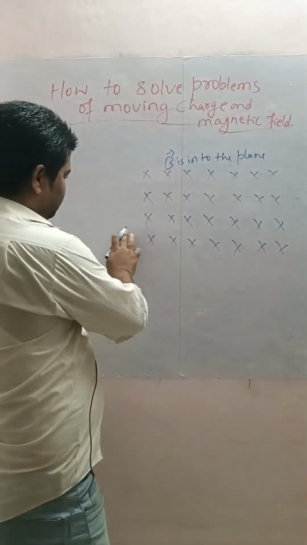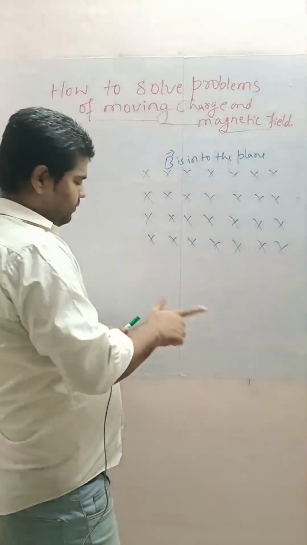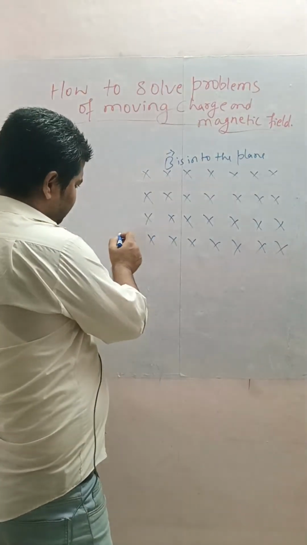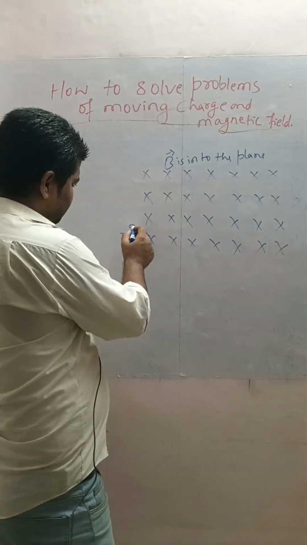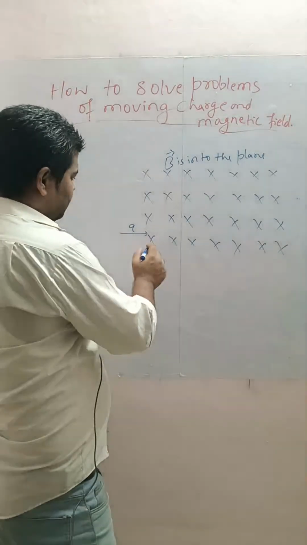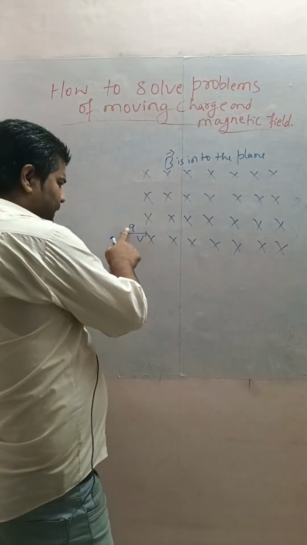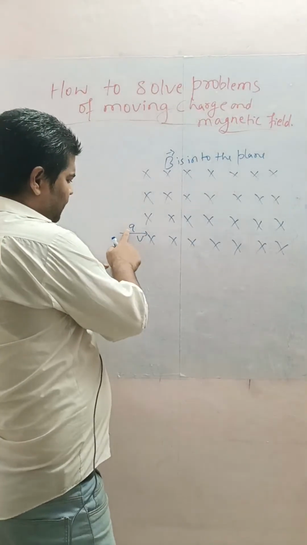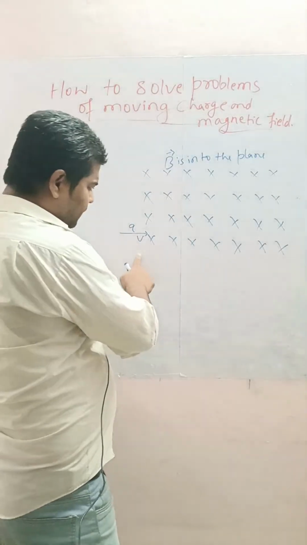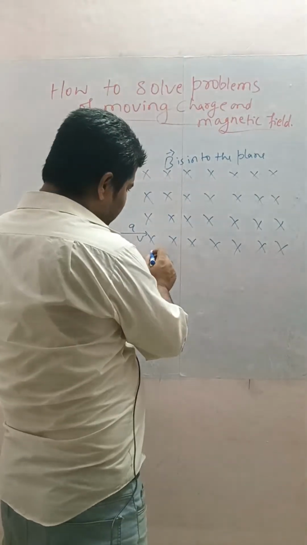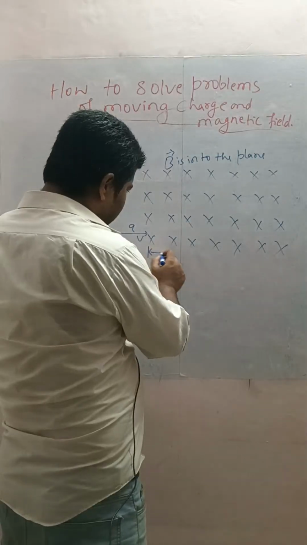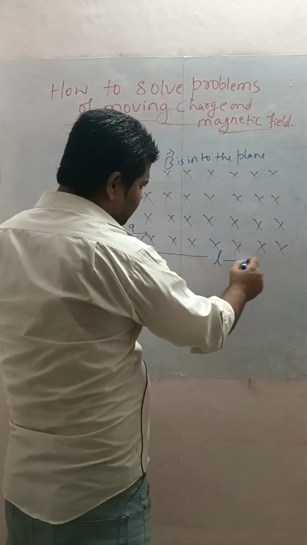Notice, a charge is entering from here with velocity v in this magnetic field. And remember, the length of this region is L.